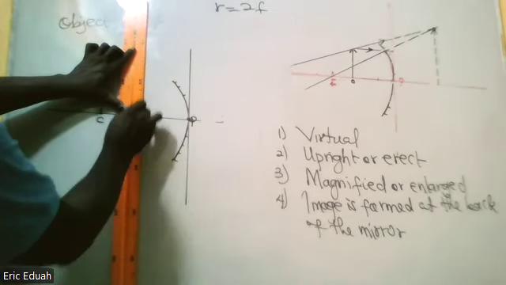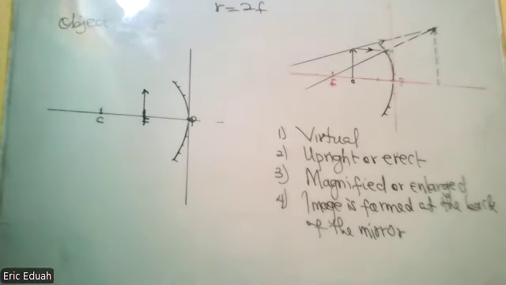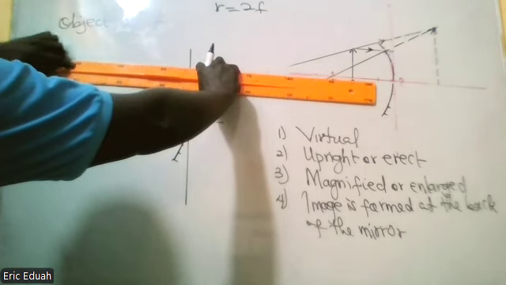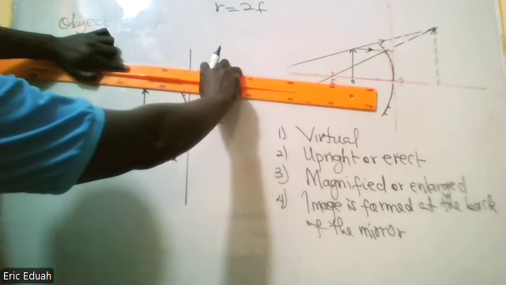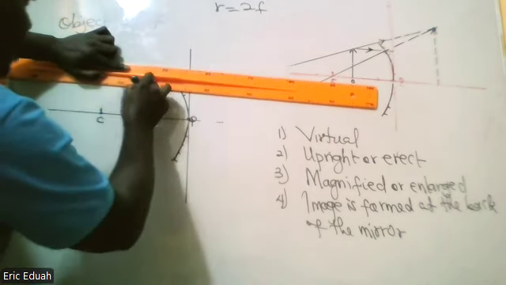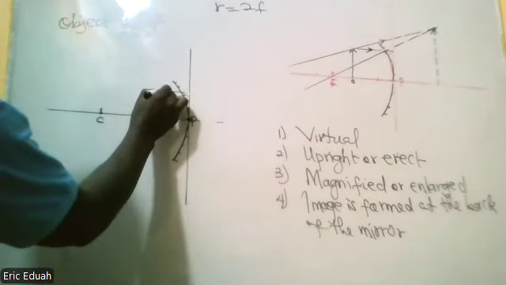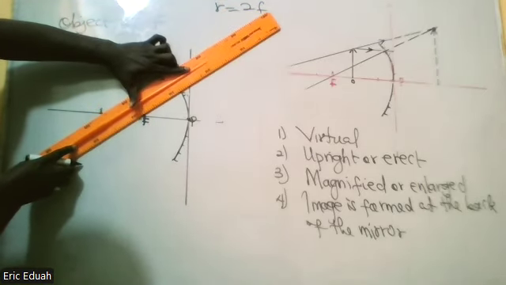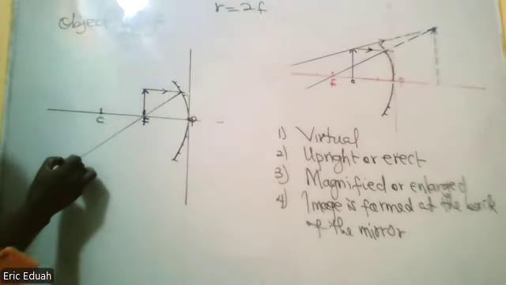So the object is at F. So use the rules. A ray of light parallel to the principal axis, after reflection, must pass through F. So that is 1.